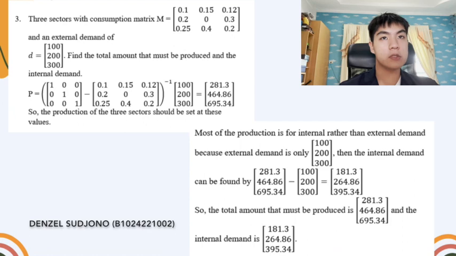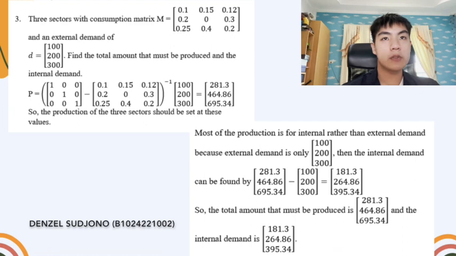Three sectors with consumption matrix M, which is 0.1, 0.15, 0.12, 0.20, 0.3, 0.25, 0.4, 0.2, and an external demand of D equals 100, 200, 300. Find the total amount that must be produced and the internal demand.